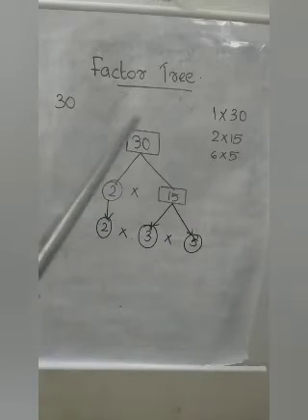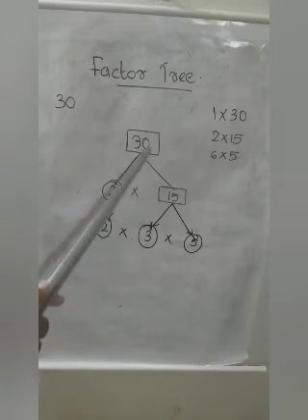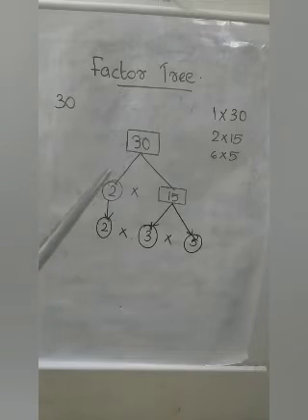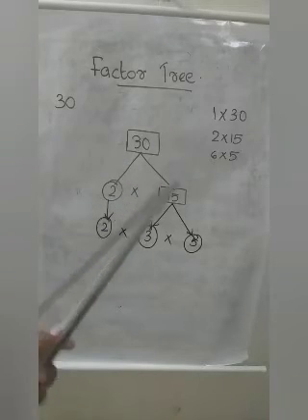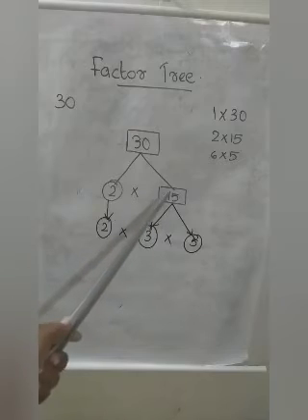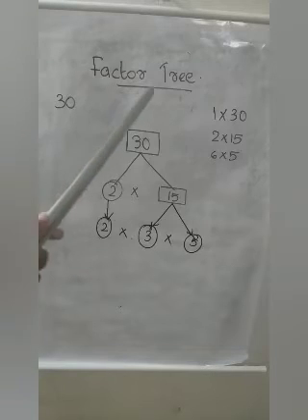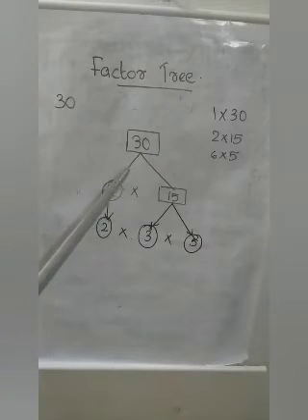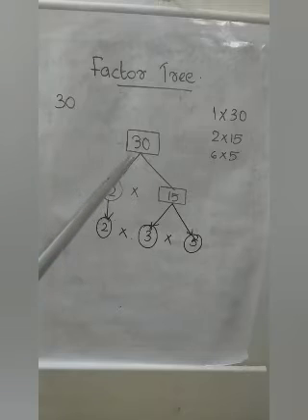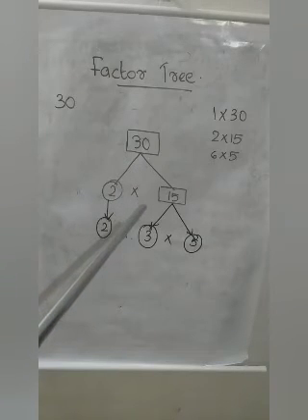Since we expressed it as branches of a tree, isn't it? First we wrote 2 into 15 as one branch. Again from there we express 15 as 3 into 5 as another branch. So we are expressing it in this figure. That is why this method is known as the factor tree method. So what is the factor tree method?